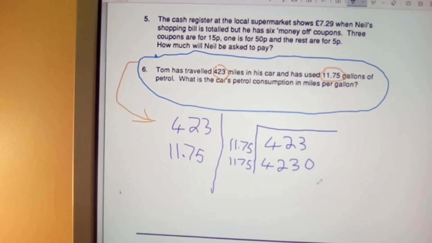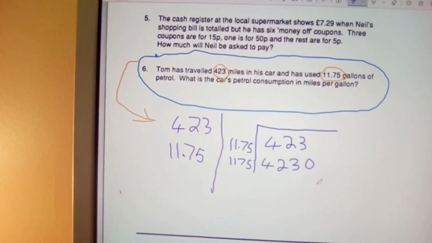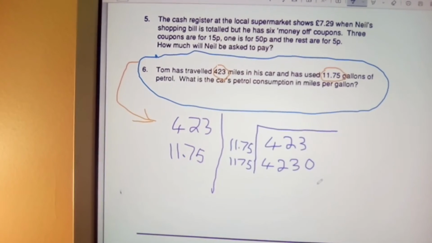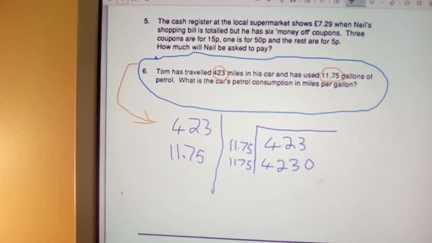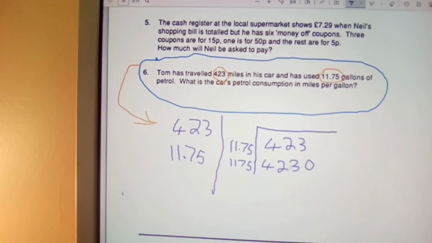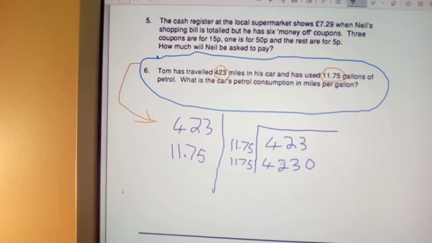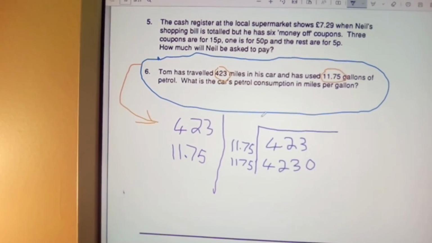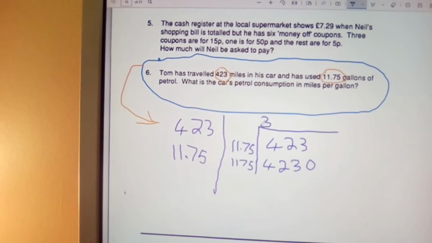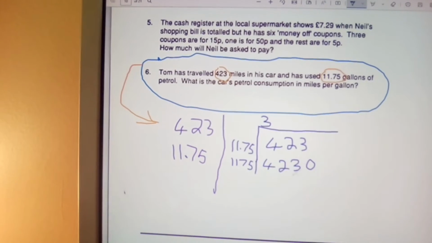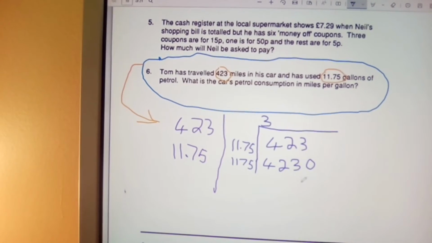Then I say 1,175 into 4,230 goes how many times? 4,230 divided by 1,175 goes 3 times. Now what's the remainder?